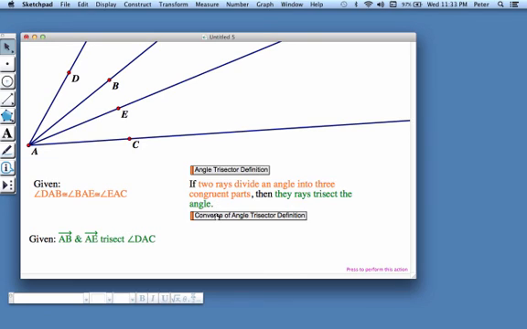Now notice the converse of that will state that this given information: if 2 rays trisect an angle, then the rays divide the angle into 3 congruent parts. It all depends on what information is given to you in the problem or what you've already proved.